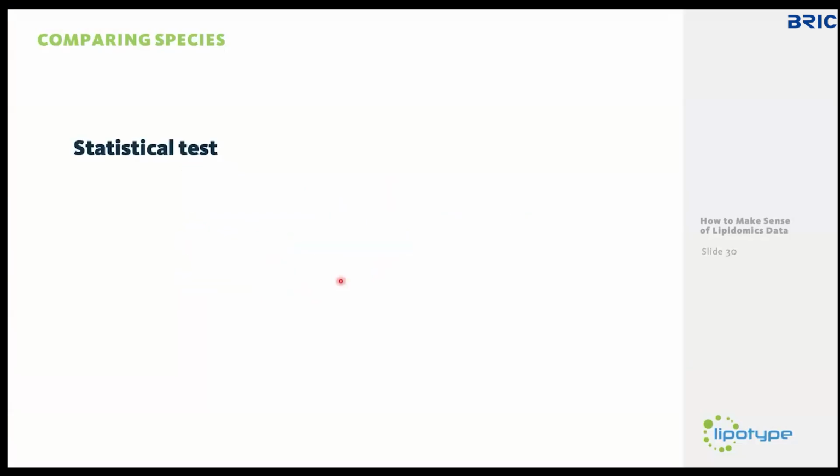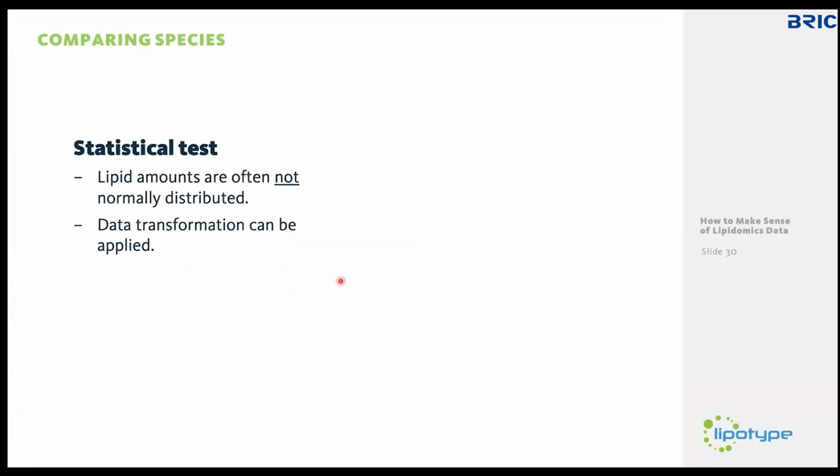And you need to choose a statistical test. For this, you need to know that lipids are often not normally distributed. What you can do here, I think that comes later, I guess, is transform the data, for example making a log transformation, which usually helps, but often this also doesn't rescue all of the lipids.